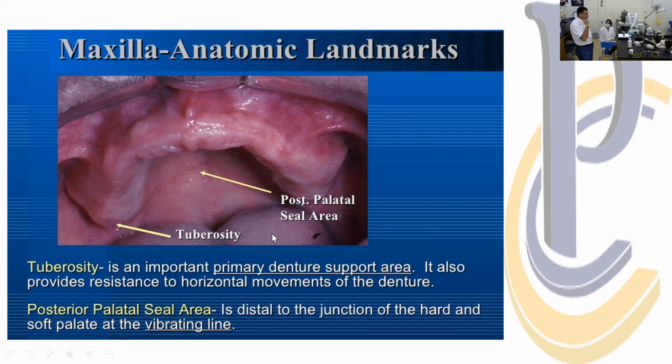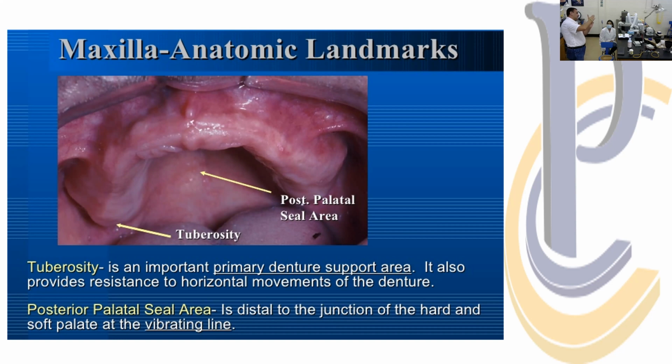So the extension: what do you think the denture will extend to at the back? If you have a mirror and look at your mouth and say ah, you can see the soft palate moving. Remember the soft palate? The denture should be extended to the movement of the soft palate.